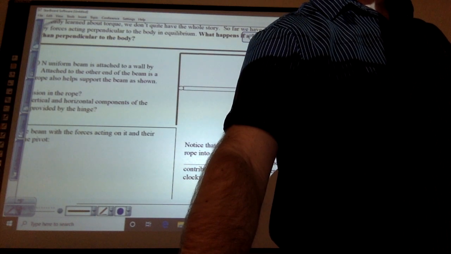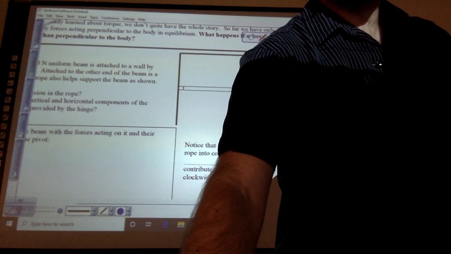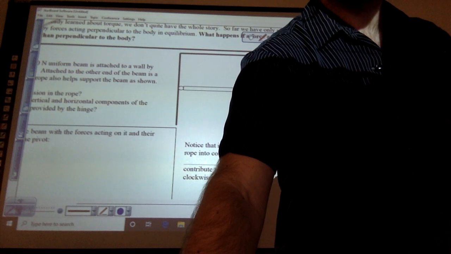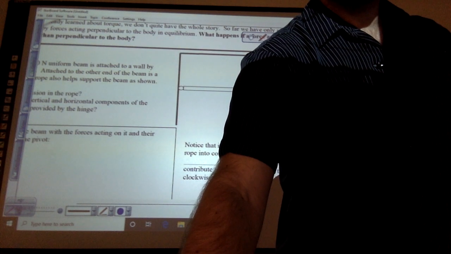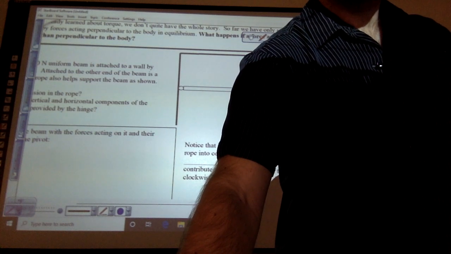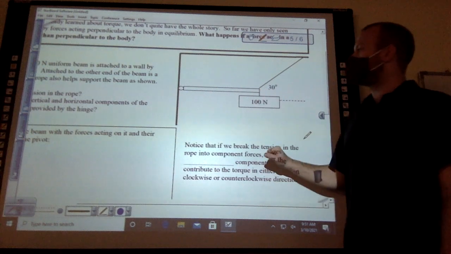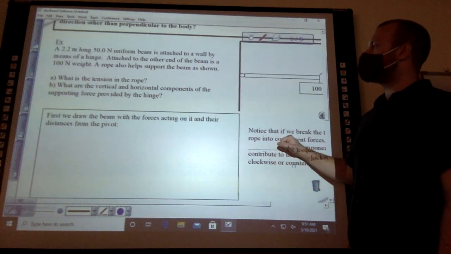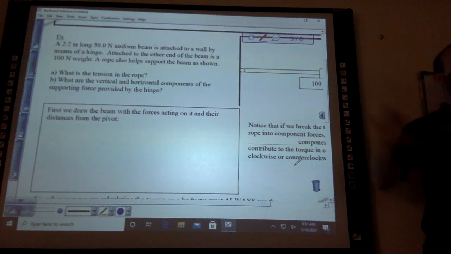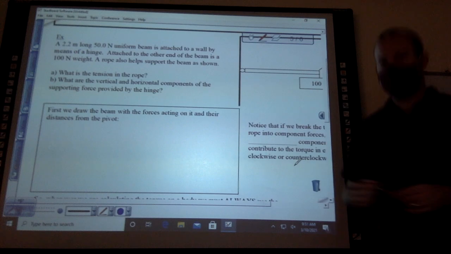And I'm just pulling up my set of notes here so that I don't have to do all the calculations, because that'll take a little bit. So essentially what I'm going to do with this is I'm going to draw the beam with all the forces. Now typically you don't have to redraw it. You can draw it on top of there. But I'm going to do it separately just to show you what this looks like.